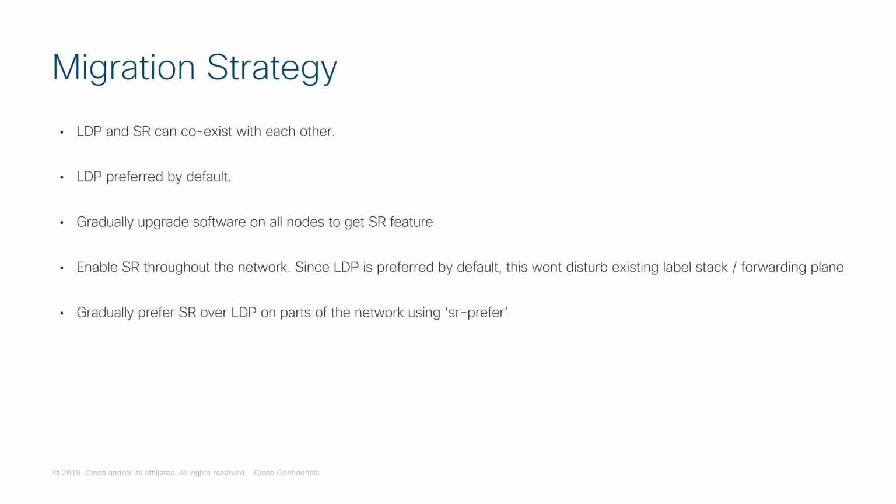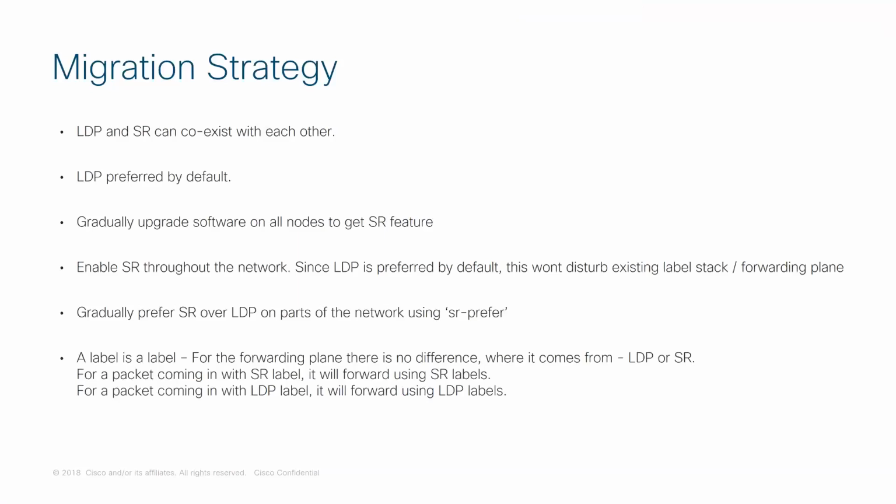So you have 2 routers out of 5 which are SR preferred. The rest are LDP preferred. Still it will work, because the routers which are LDP preferred, when they get a packet with the SR label on top, will switch it accordingly and send it on. That part is fine, right? For a packet coming in with an SR label, forward using SR. For a packet coming in with LDP, forward using LDP.